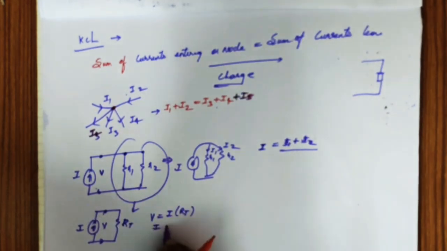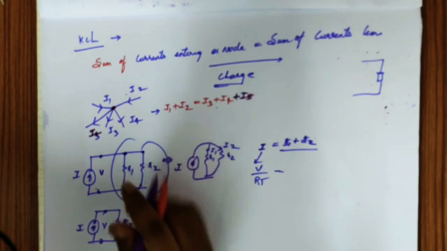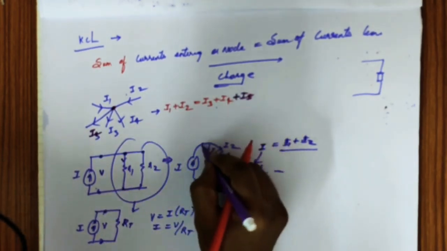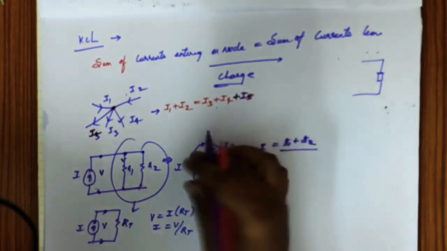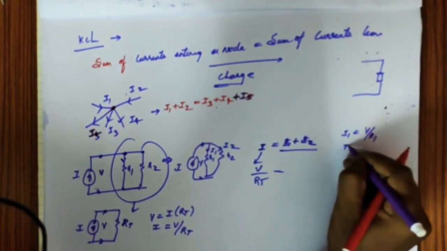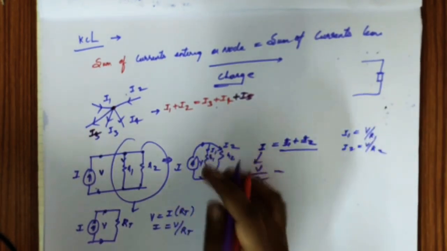Therefore, I equals V by RT. So the supply current I equals V by RT. For I1, the voltage is the same, since they are parallel. So I1 can be represented as V by R1 and I2 as V by R2. So all three elements have equal voltage.